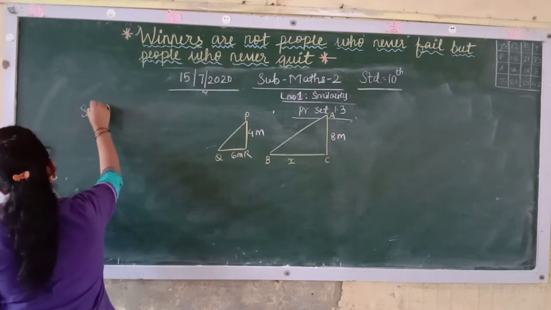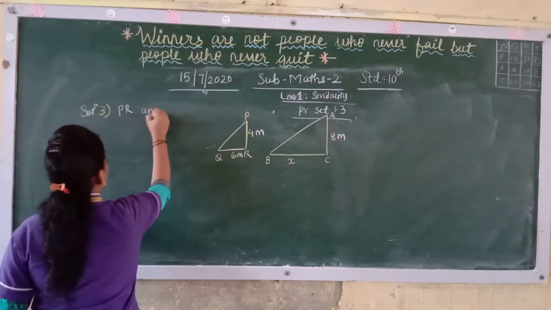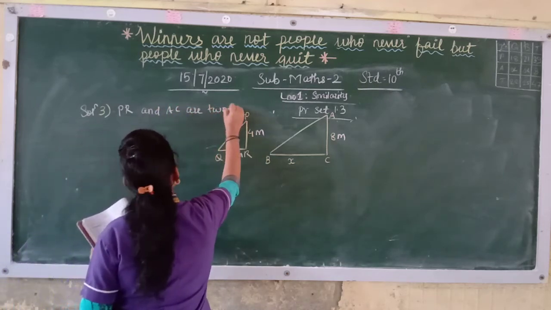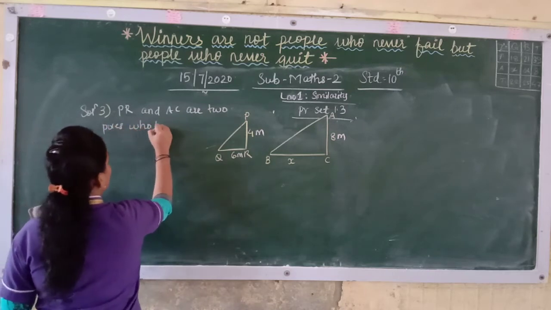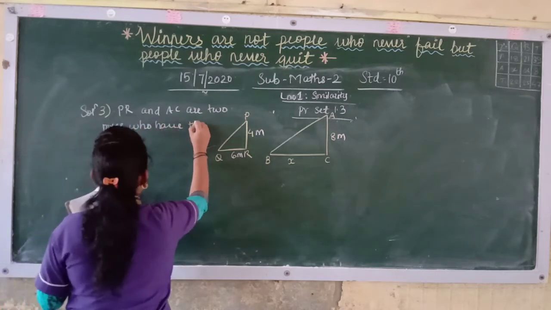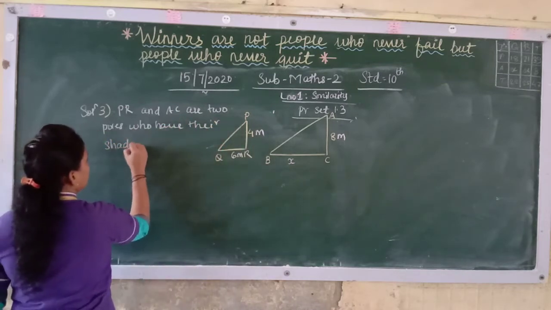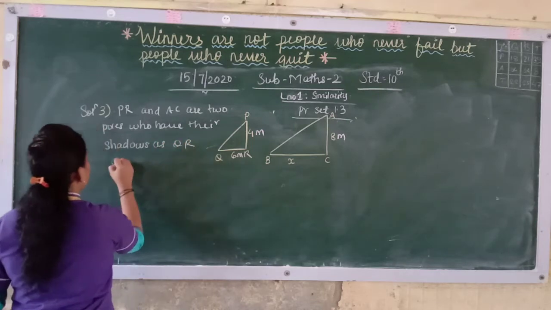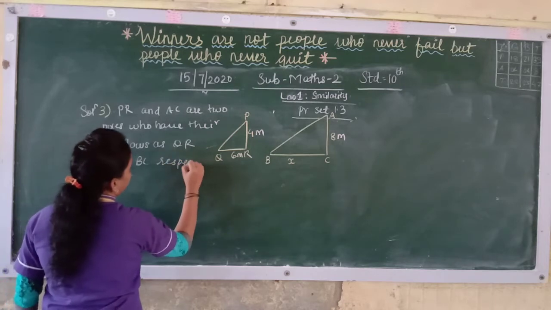Solution we will write. See there, PR and AC are two poles which have their shadows QR and BC respectively.